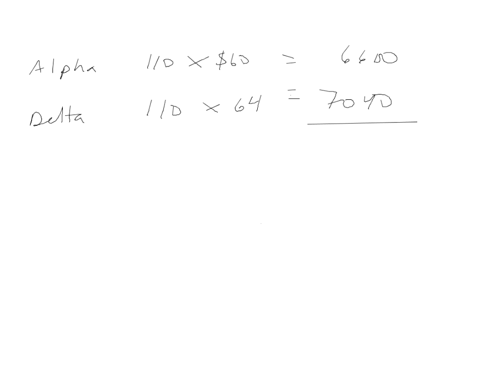All right, so 6,600 plus 7,040, that would be 13,640, but then the fact pattern also tells us that we have fixed costs. The fixed cost is 13,000.